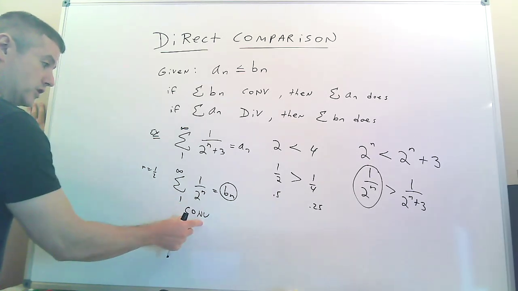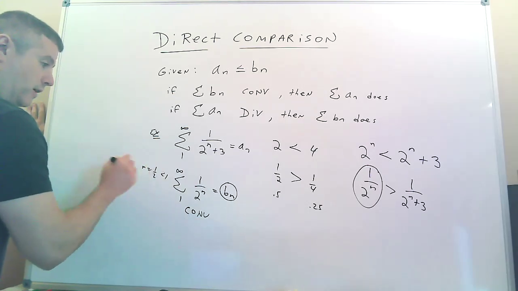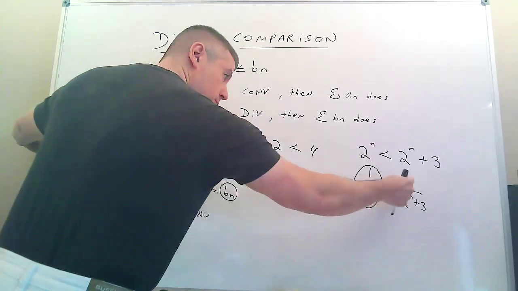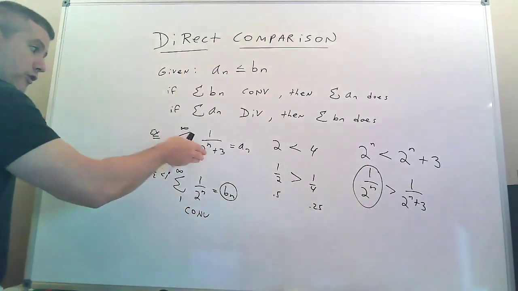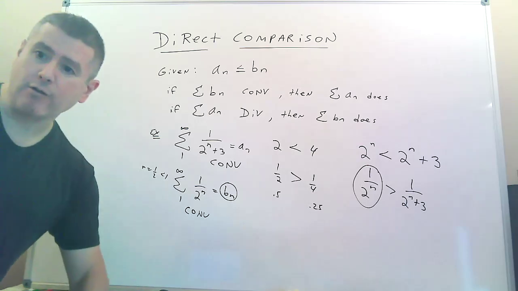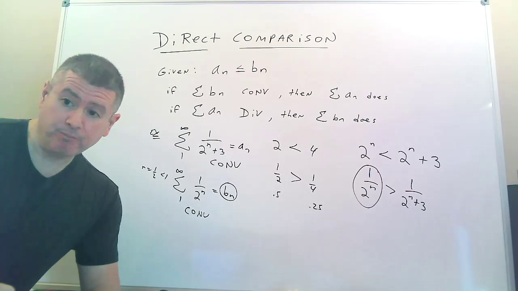So this one converges because it's geometric with ratio of 1/2, which is less than 1. So the one that's smaller must also converge by the comparison test, by direct comparison. Now I'm going to do another example to show you this is not always clear cut.